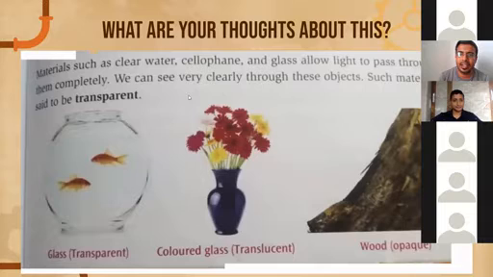We can see very clearly through these objects. Such materials are said to be transparent, right? So this is given. Anyone wants to quickly tell? Unmute yourself and tell that when we are reading this critically, do you see something? Are we assuming something here or something which is not right?